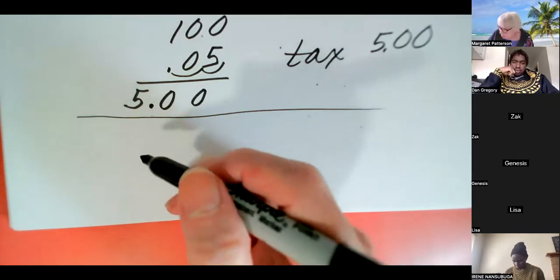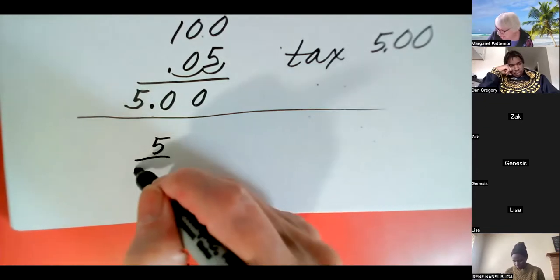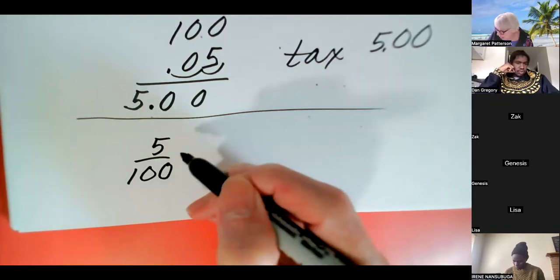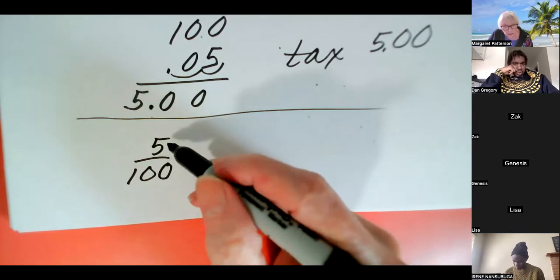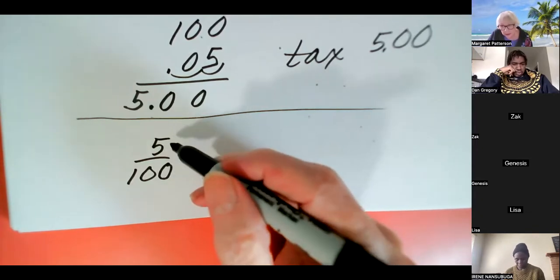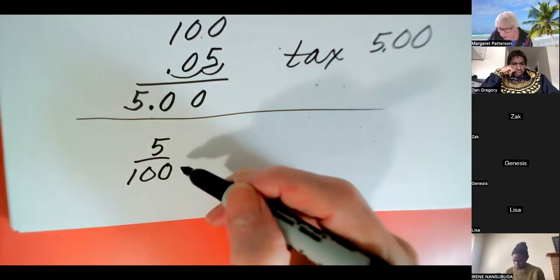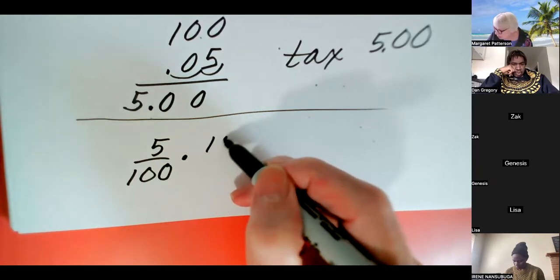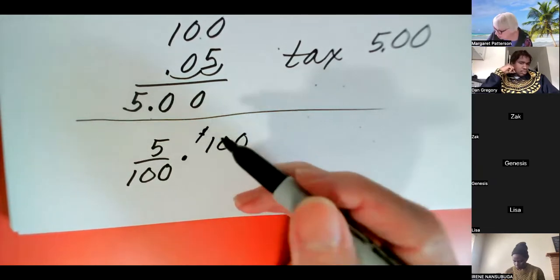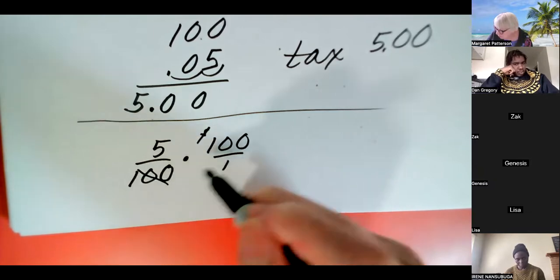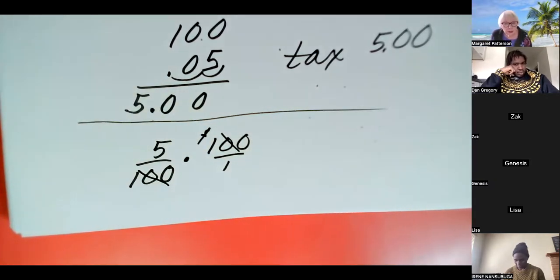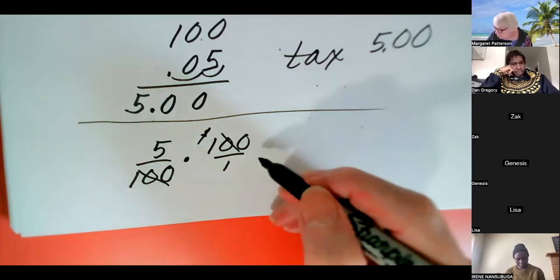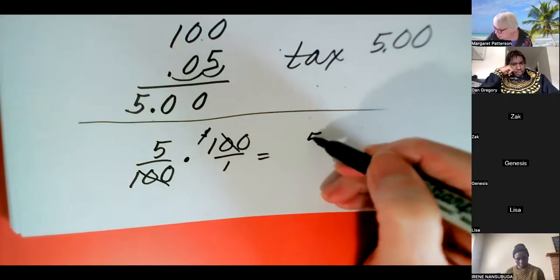Now, the fraction approach would have been just as easy. 5 over 100 is 5%, literally 5%. And if you multiply it by $100, the hundreds would have canceled, and you're left with 5 over 1, which is $5.